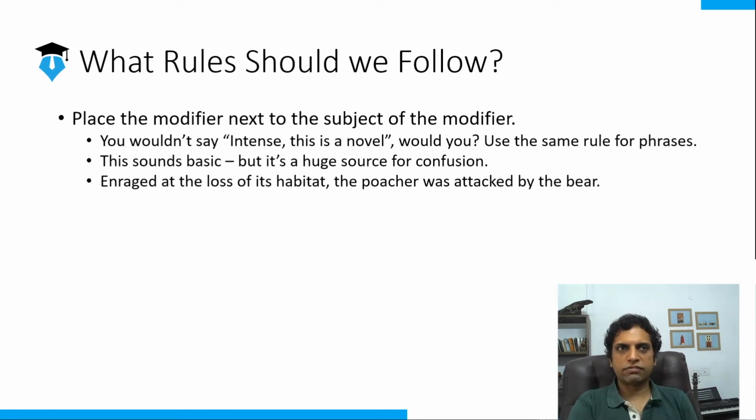Simply move the modifier to the other side. The poacher was attacked by the bear, which was enraged at the loss of its habitat. Or because this sentence is in passive voice, convert it to active voice, simplified, and you can actually then leave the modifier where it is. Enraged at the loss of its habitat, the bear attacked the poacher. Shorter, simpler, sweeter, and correct.